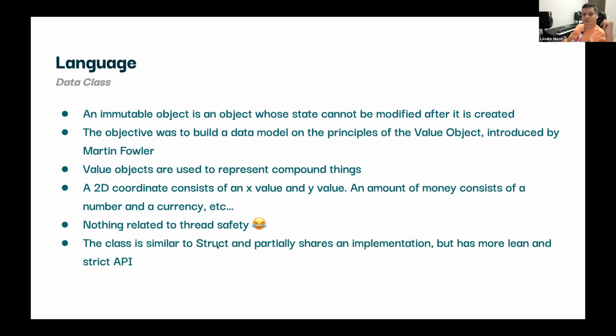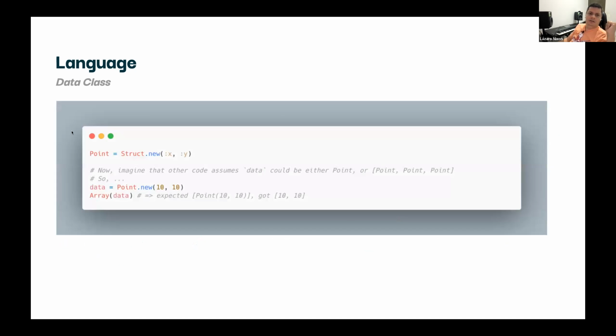The class is similar to struct and partially shares an implementation, but has a leaner and stricter API. So the struct could represent that, but it had some, let's say, issues. You could instantiate the struct here, then put two values and put that data.